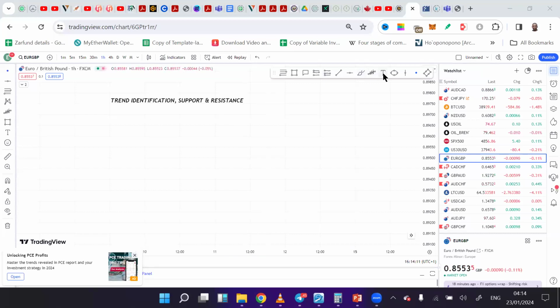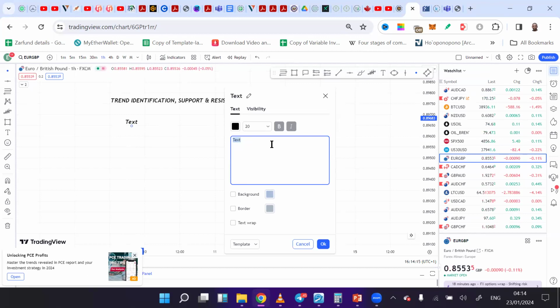So I'll write out a few things on the screen just to explain this to us, right? There are three types of trends. Number one, we call the uptrend. Number two, we call the downtrend. Number three, we call the sideways trend.